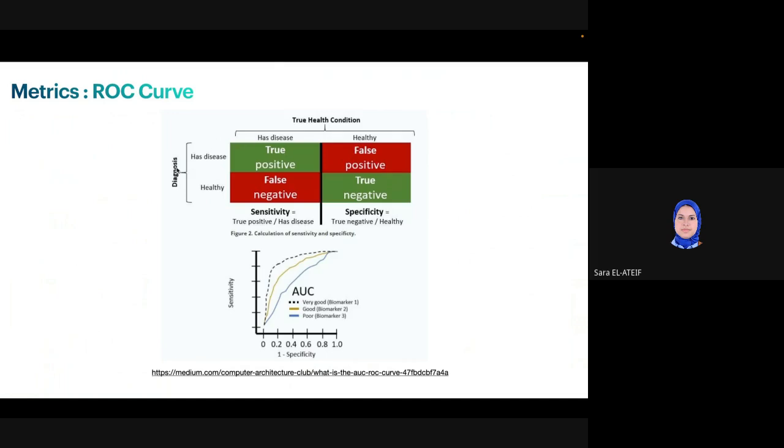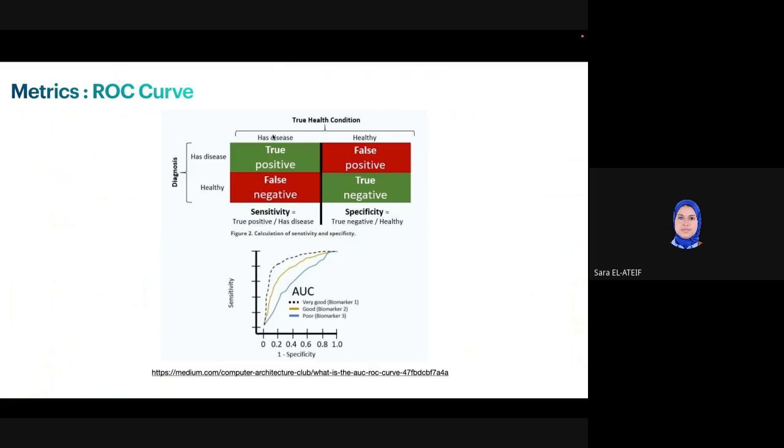So for this one here, if someone has a disease, this is the true label, and they are diagnosed with the fact that they have that disease. This is what we call the true positive for this case. If someone is healthy but is taken as having a certain disease, that is the false positive.